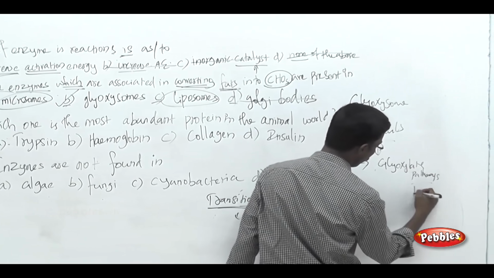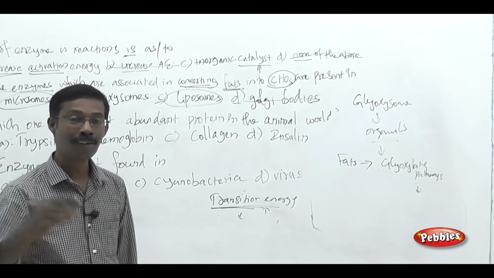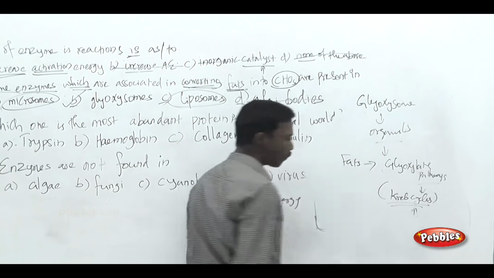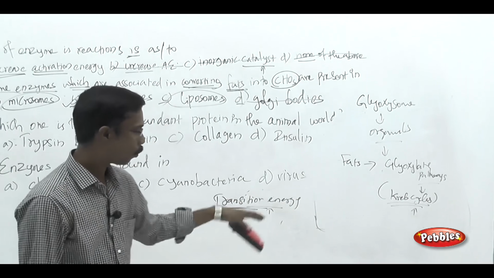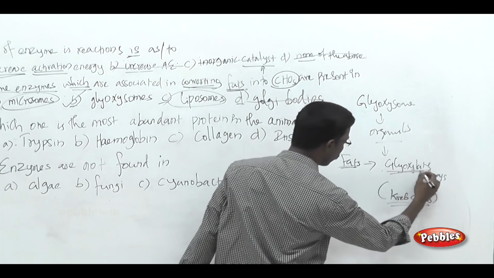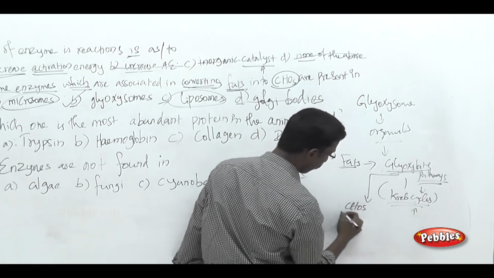Just remember that the glyoxylate pathway is the alternative pathway to the Krebs cycle. From the Krebs cycle it normally enters the electron transport chain, but over here, from the fat, with the help of the glyoxylate pathway, it will synthesize carbohydrates.